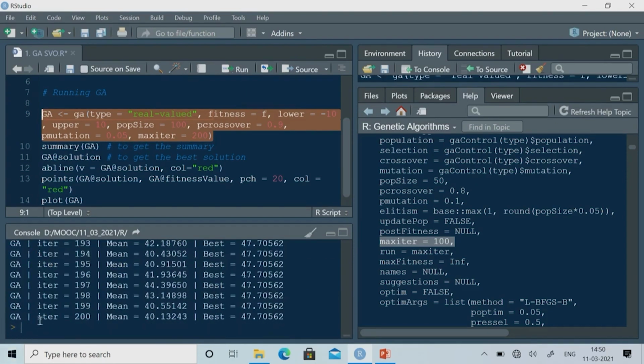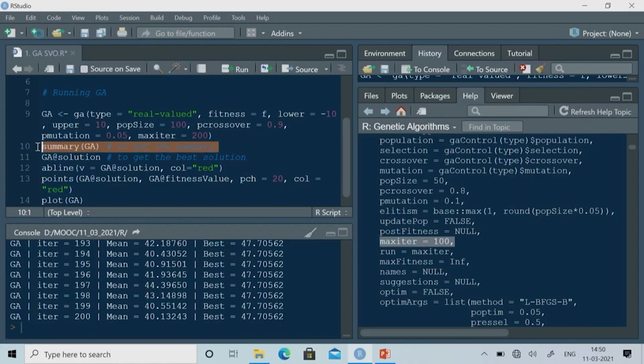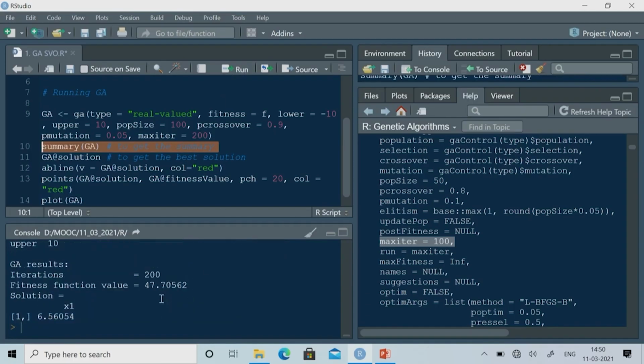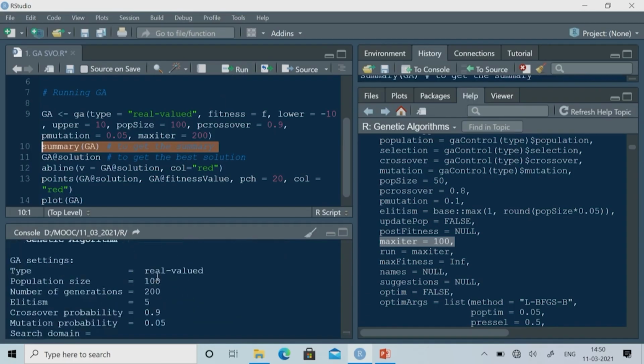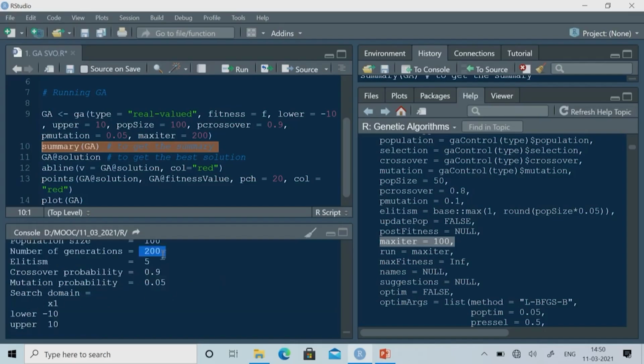You can see that now the iteration is for 200. Okay. You can see from the summary of GA. If I execute this one, then you can see again real valued I have used. Now population size is 100, then number of generations is 200, elitism is 5, crossover probability is 0.9 and mutation probability is 0.05.